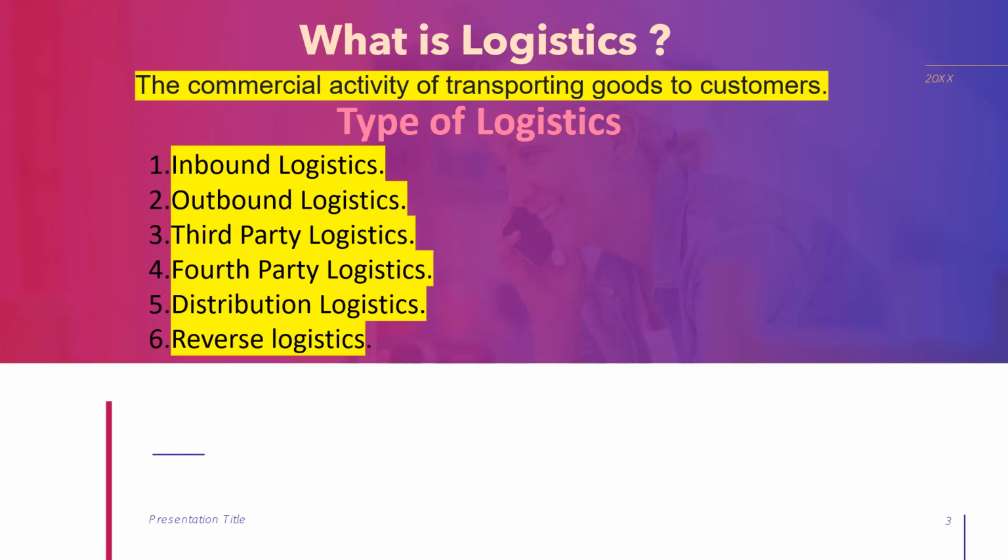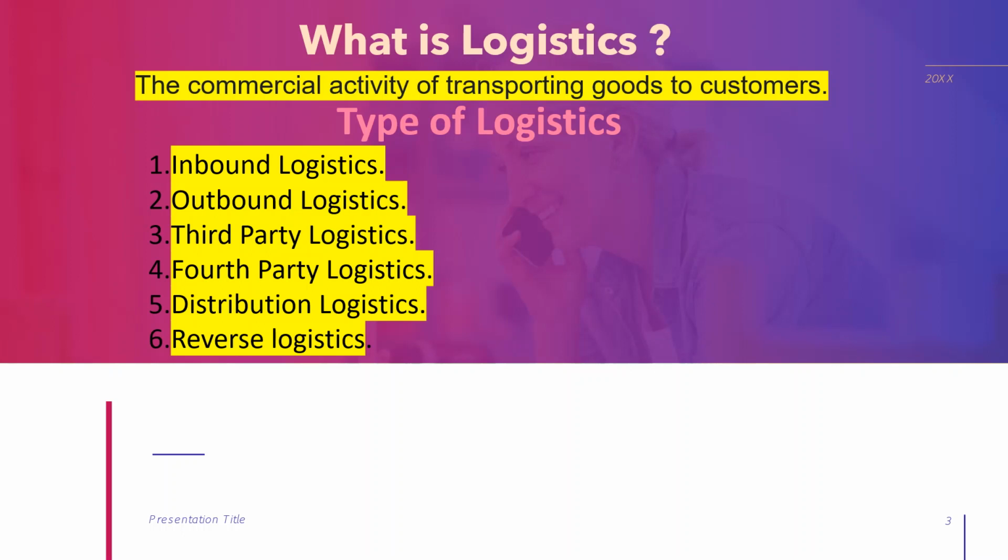Inbound logistics is until the warehouse, and outbound logistics means from that warehouse or distribution center, where that particular material is kept, to the retailer.